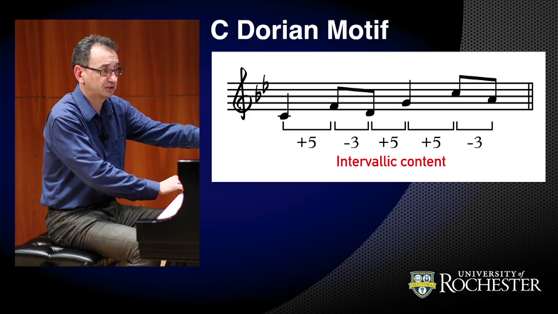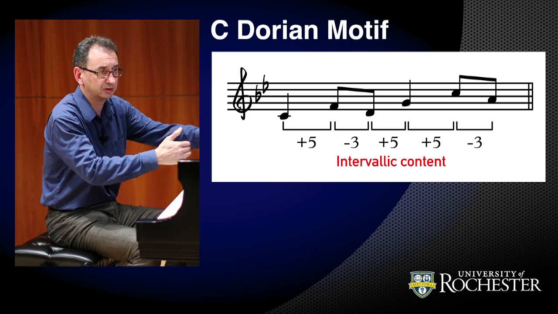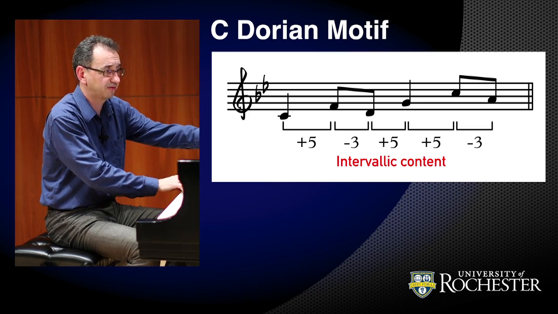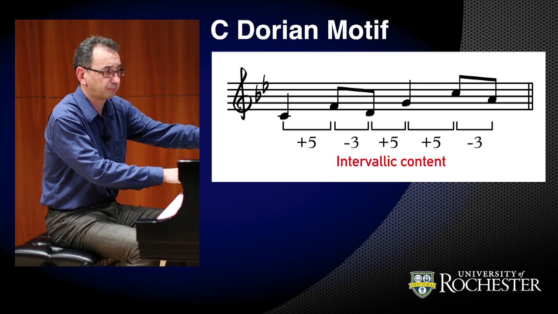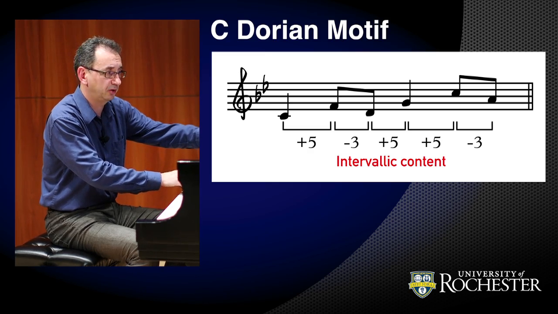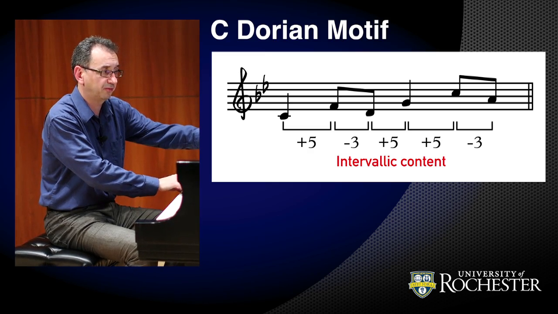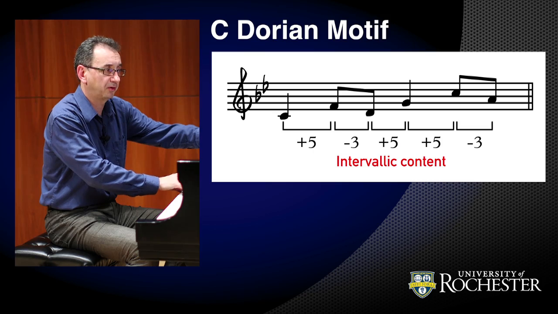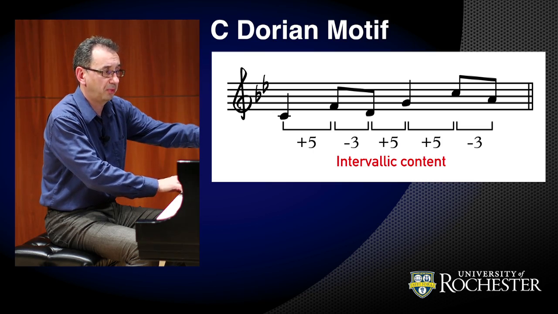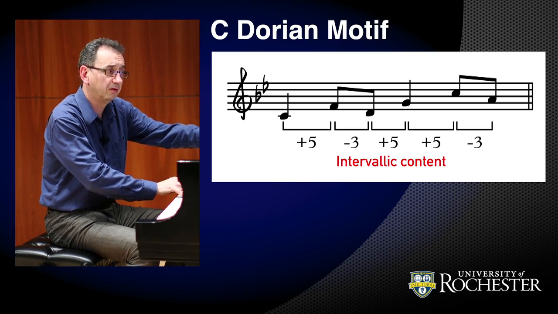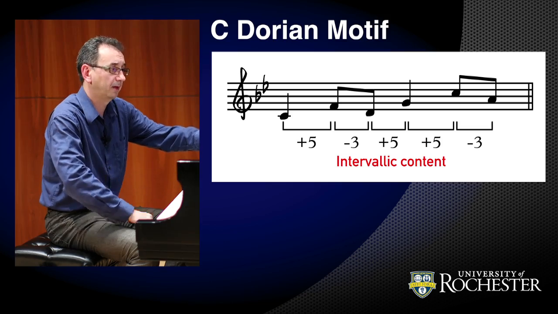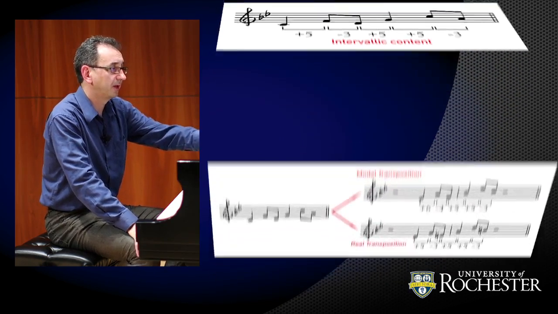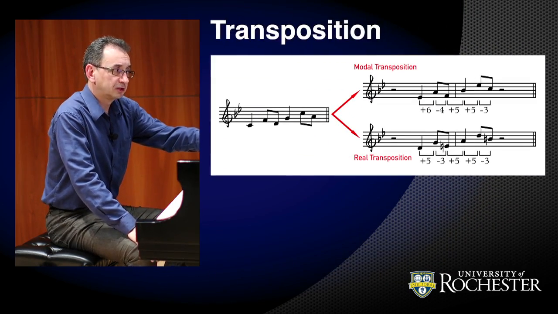So we have +5, and by the way, you can see that motive on the screen. +5 means +5 semitones, so perfect fourth, -3, minor third down, +5, +5, fourths, and minor third down. That's the original motive.